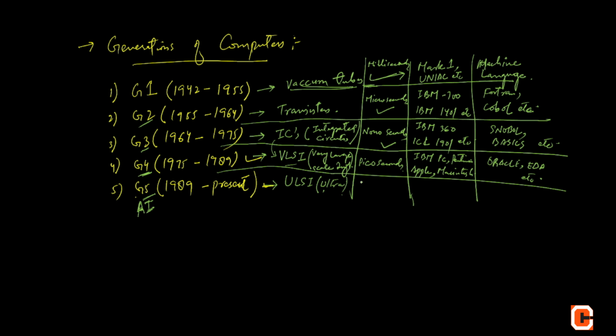The technology used, like ULSI, and right now biochips, if you have heard of it before, biochip technology is also used for AI, and it has a very high speed. And presently we have robotics and artificial intelligence, all used in generation 5 computers.